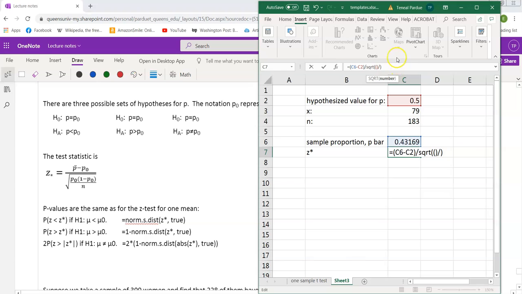And in the denominator, we've got n. Now, I've done these parentheses where we make sure we include the n inside the square root. Okay, so that'll give you an error if you don't. So be careful with your parentheses.